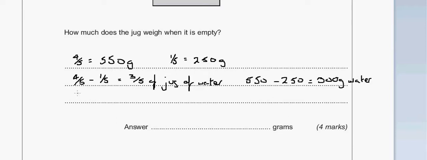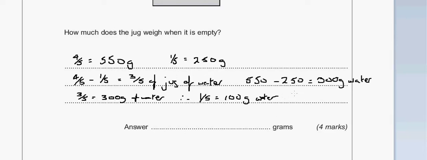Okay, so 3/5 equals 300 grams of water. So from that we can say that 1/5 equals 100 grams of water. Forgot how to spell water there.